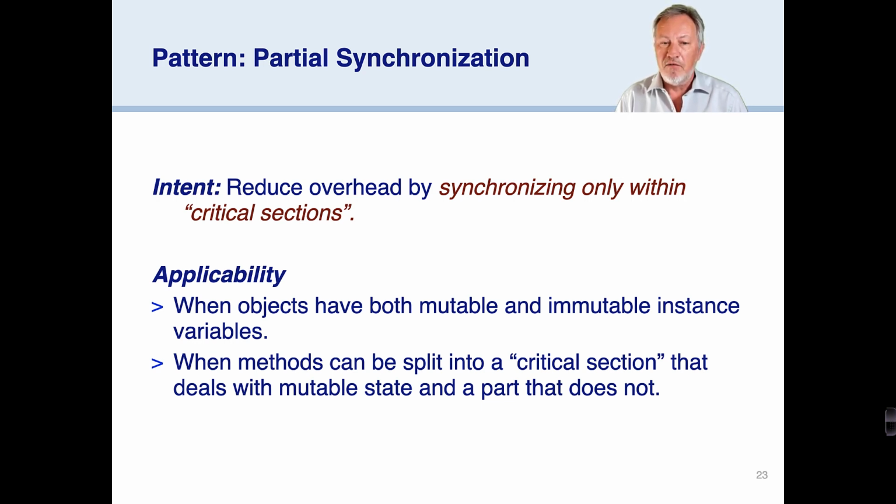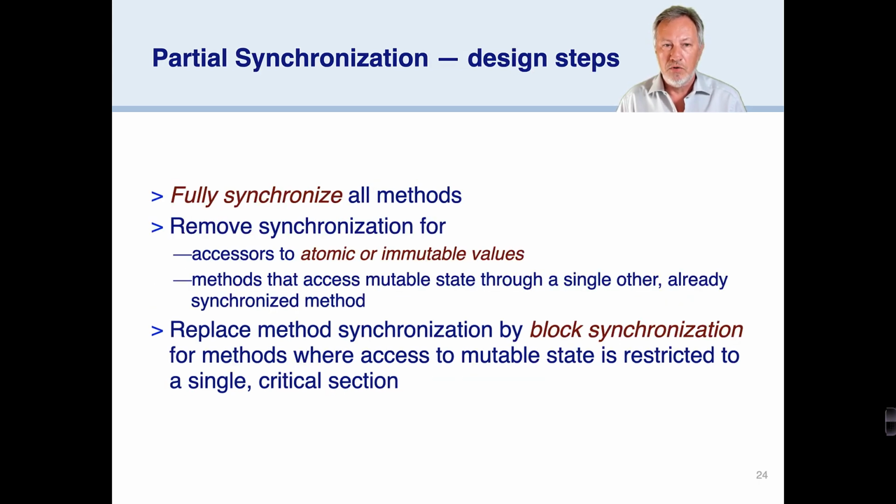In such cases, if methods can be split into a critical section that deals with mutable state and a part that does not. So how would you apply this? First of all, you go to the default solution. You start with fully synchronized methods and then incrementally remove synchronization in situations where it makes sense.